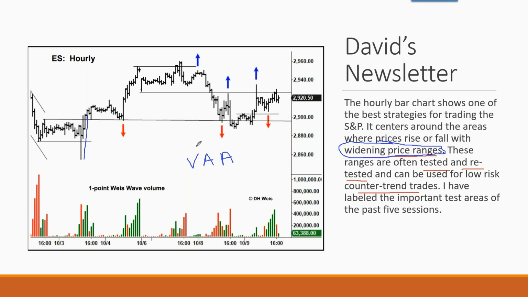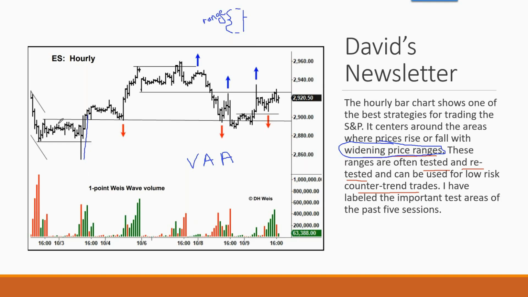The range of a price bar is the distance from the high to the low, or sometimes we call it spread. So these get wider, they get larger.